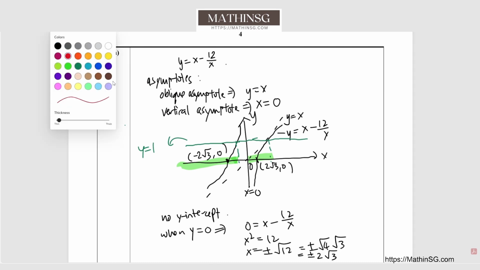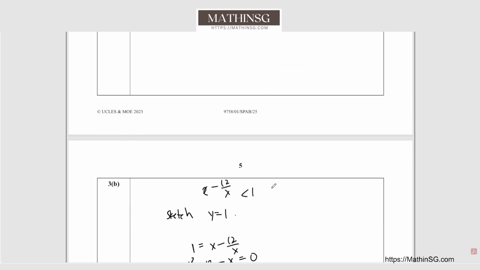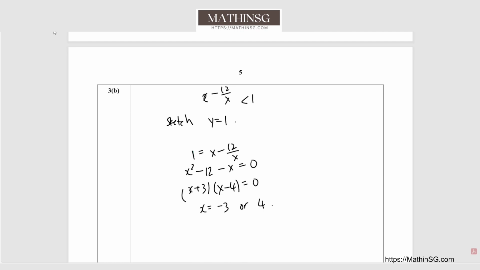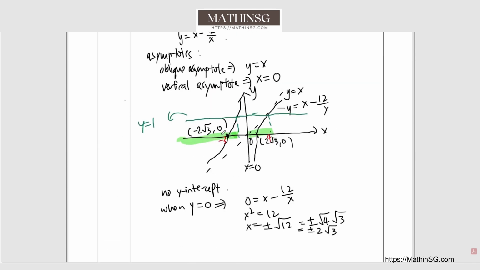Let me put it in red. This point here is minus 3 and this point is 4. So from the graph, we know that x is lesser than minus 3 or x is in between 0 and 4, because here is minus 3.